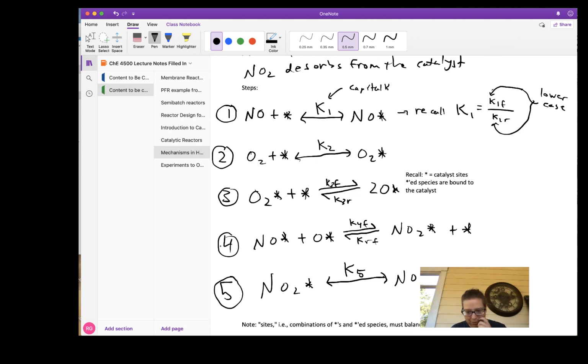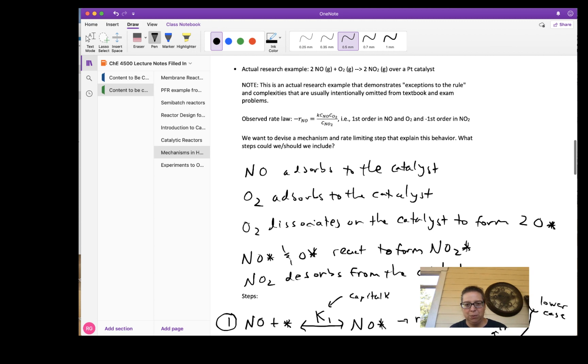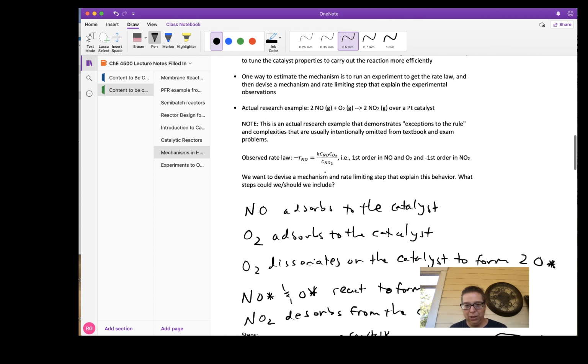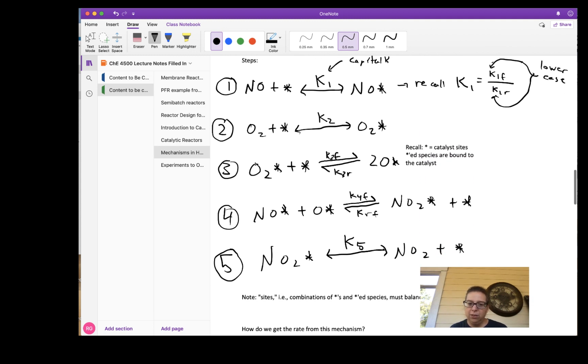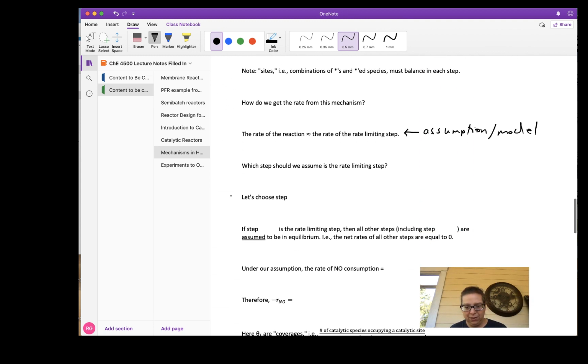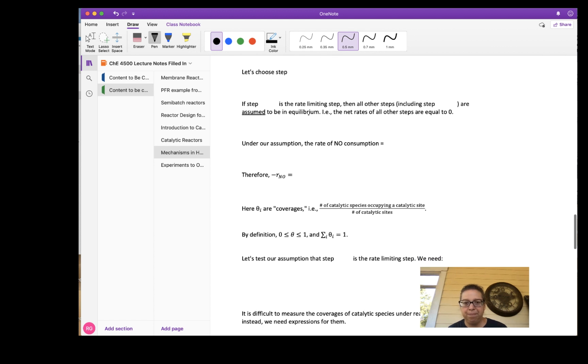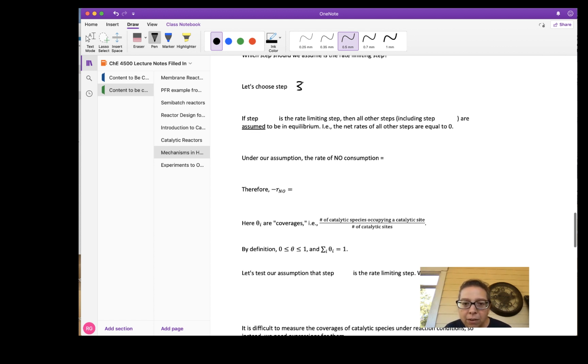But we want to assume the rate limiting step that's going to capture the observed experimental behavior, which was this rate law. So for the sake of this lecture, let's choose step 3. And I'm going to choose step 3 because oxygen is just really hard to dissociate. So I'm just going to assume that it is the rate limiting step.